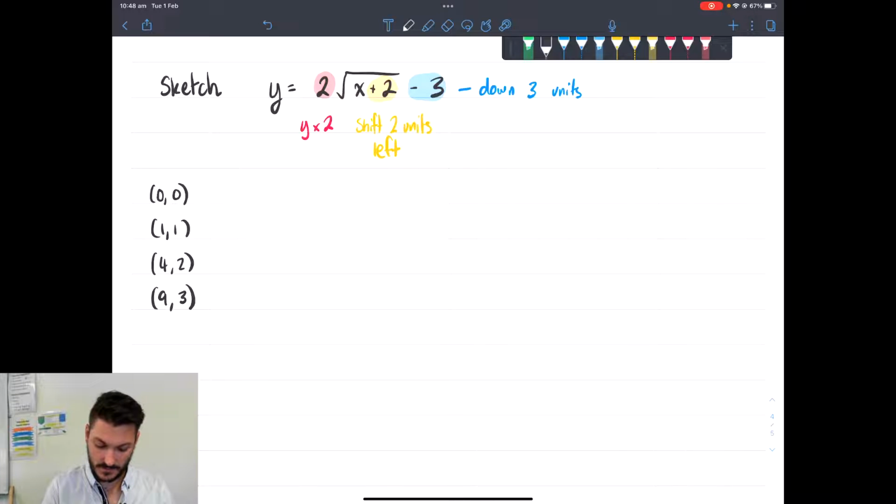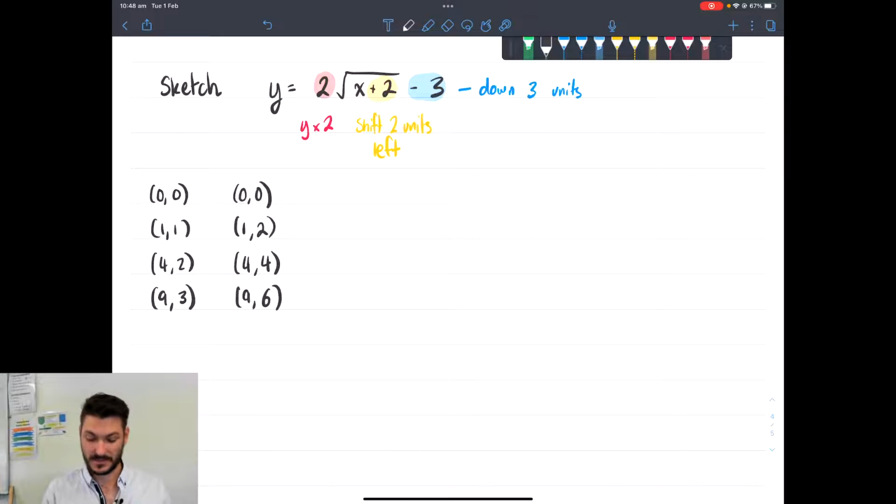All the x values are going to stay the same for this first step. The y value, 0 times 2 is still 0, so that one hasn't changed. 1 times 2 is 2, 2 times 2 is 4, and 3 times 2 is 6. So they're my new points after I've changed the scaling, or the dilation factor.